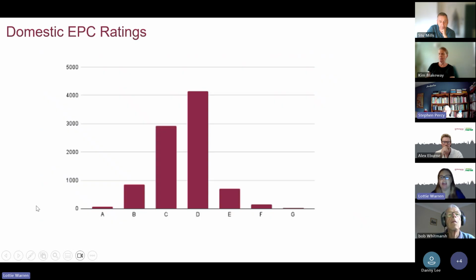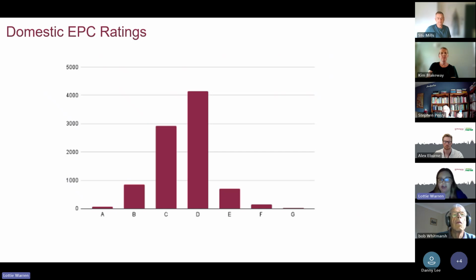So the next one is looking at domestic EPC ratings. So these are energy performance certificate ratings. We can see the spread here, and as this bar chart shows very clearly, having an EPC rating of D is the most common within the Harestock primary substation area, closely followed by the Cs. So this isn't unanticipated.